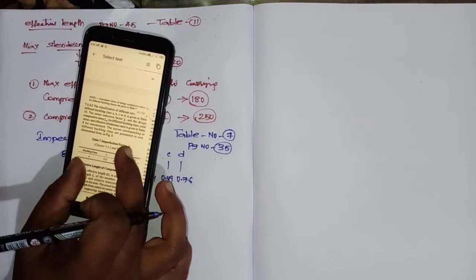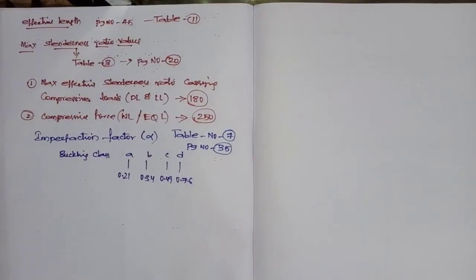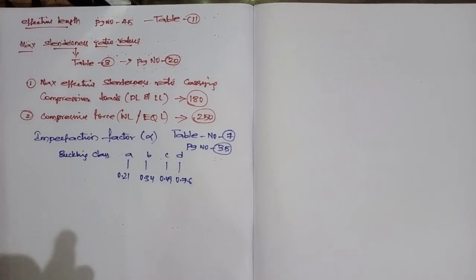Now what are these imperfection factors used for? While calculating the buckling strength, you are supposed to use this factor to take into account the residual stresses or accidental eccentricities. That is nothing but an imperfection factor.